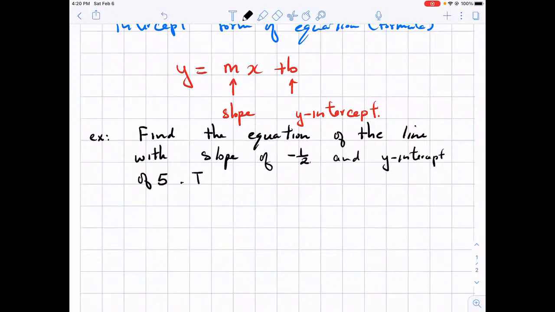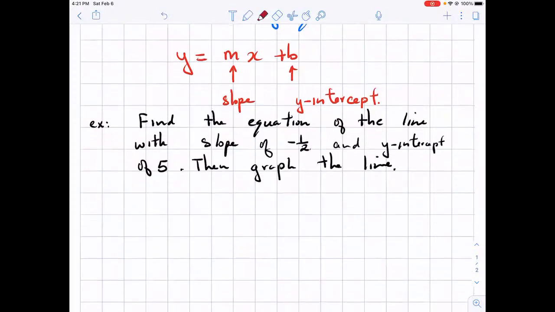Then we can graph the line. So pay attention to what you're finding now: the equation of the line. Before, you were given the equation of the line.